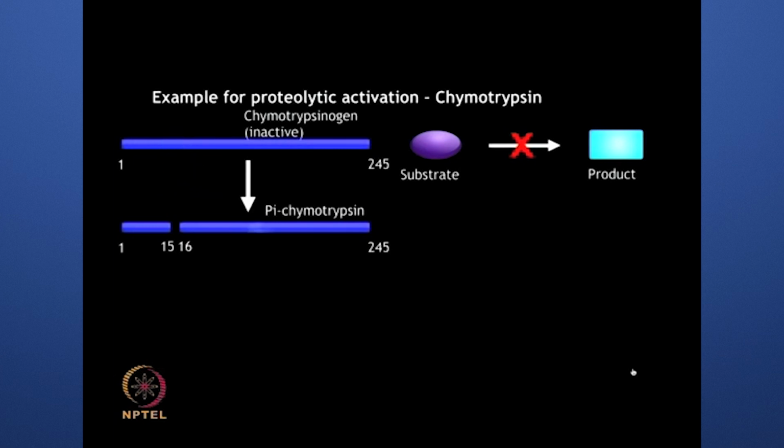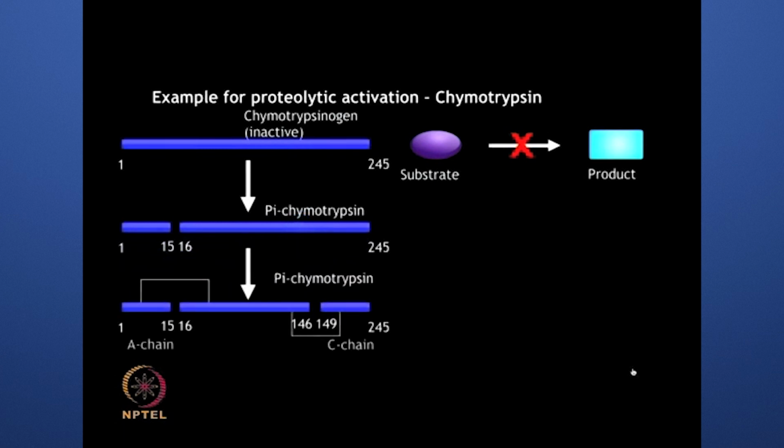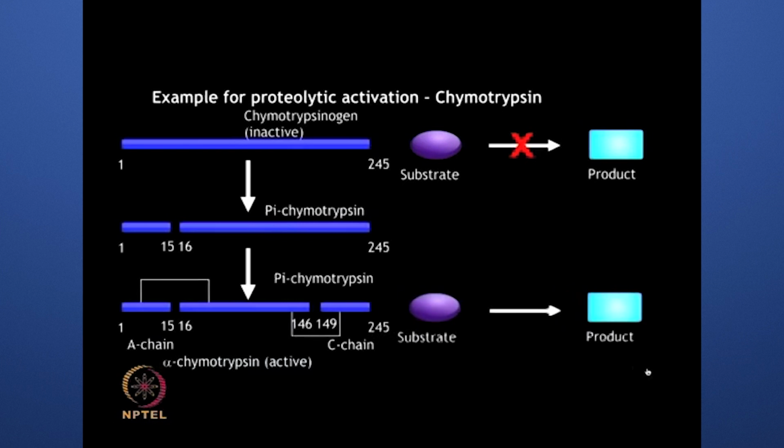The resulting enzyme, known as pi-chymotrypsin, is acted upon by other such molecules to yield the completely active and stable alpha chymotrypsin, which consists of three chains linked by interchain disulfide bonds.